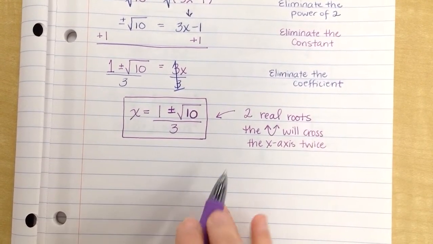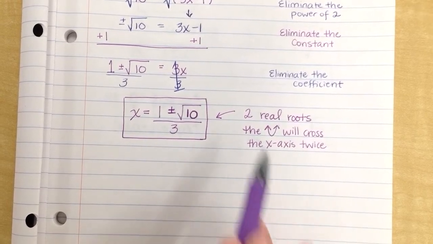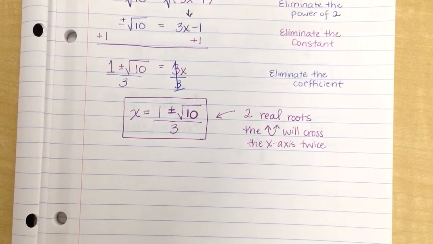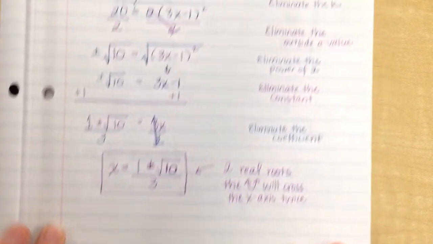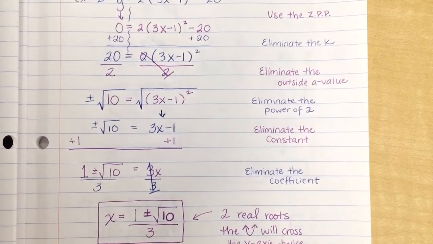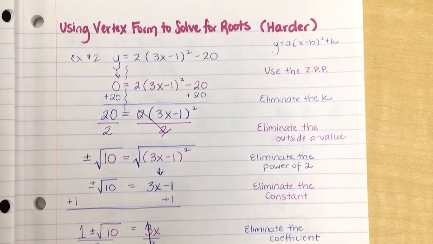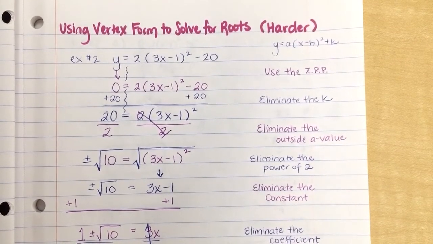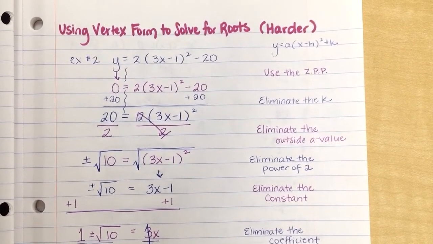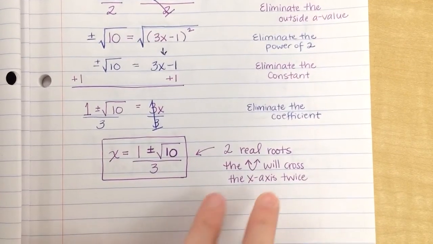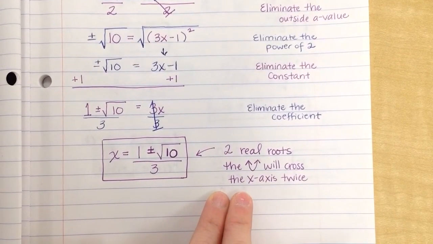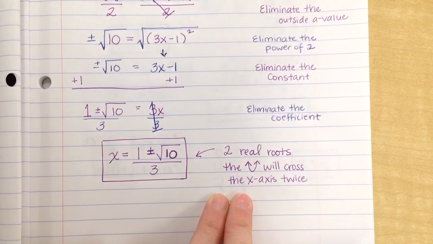That's why it's 2 real roots. And you can see how this question is slightly more rigorous, a little bit harder and more challenging than the beginning one, but there are still the basic steps that are followed in order to accomplish the same goal of asking how many times this parabola crosses over the x-axis.